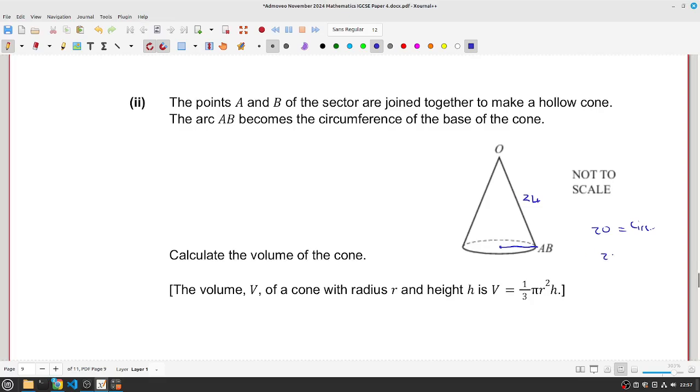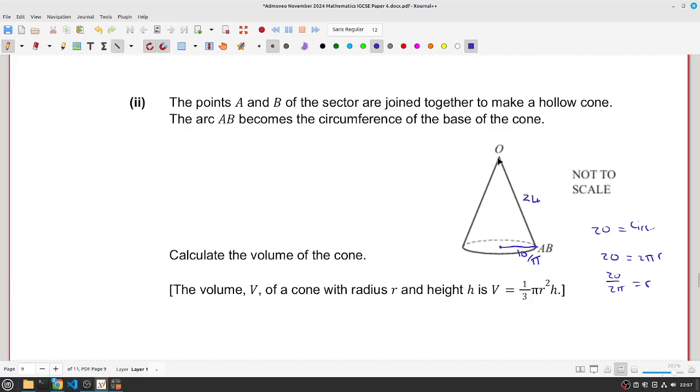So circumference equals 2 pi r. To find the radius, we can divide 20 by 2 pi. That's r. Okay, so our radius is 20 divided by 2 pi, which is just the same as 10 over pi. I'm just going to write it as 10 over pi, so I don't have to use rounded off decimals. So that's the radius. Okay, now we still need the height.